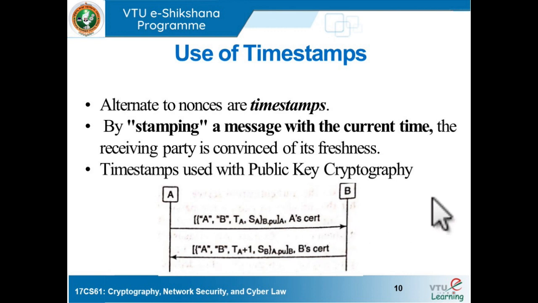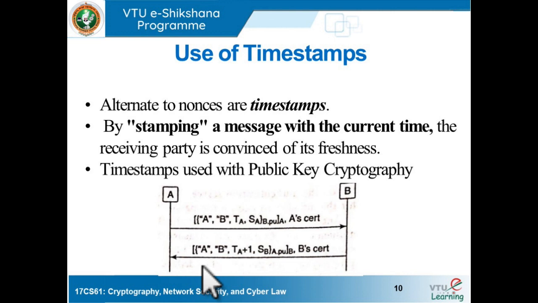Upon receiving, what will B do? B will check the certificate of A and retrieve the public key of A, and also it will first verify the information that it has received from A using its public key, its private key.